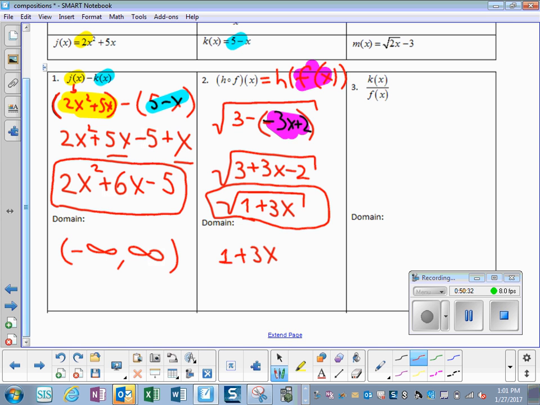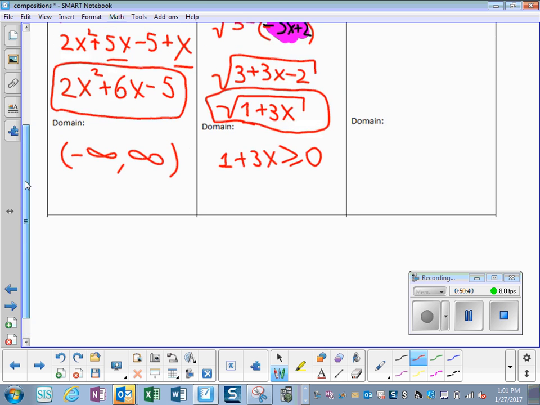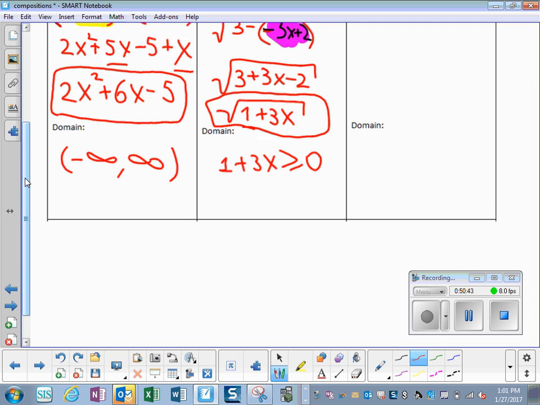What is my condition for this? Greater than or equal to 0, right? So let's solve what this means for the x. Minus 1 on both sides. So I have 3x greater than or equal to negative 1. Divide by 3, x greater than or equal to negative 1 over 3. Right?